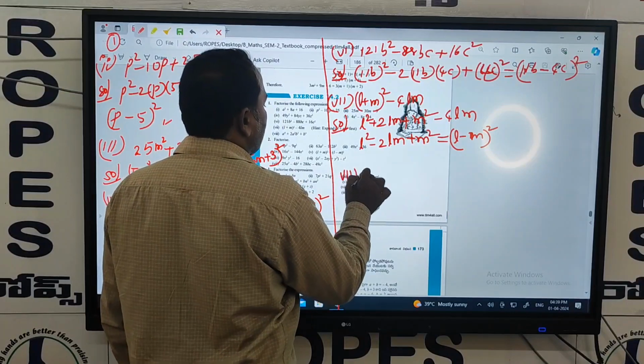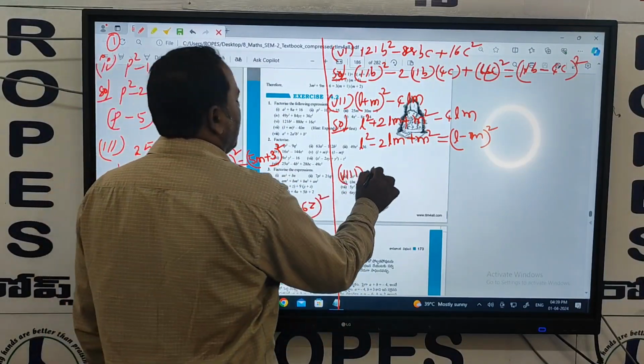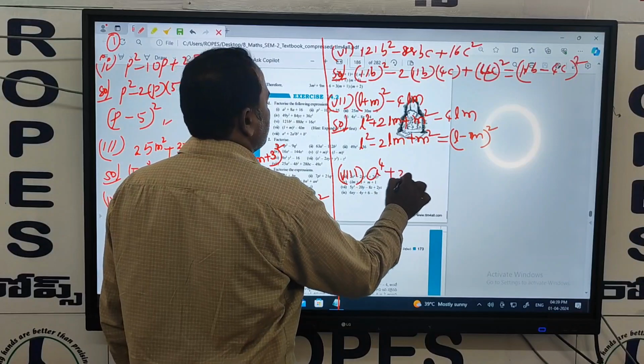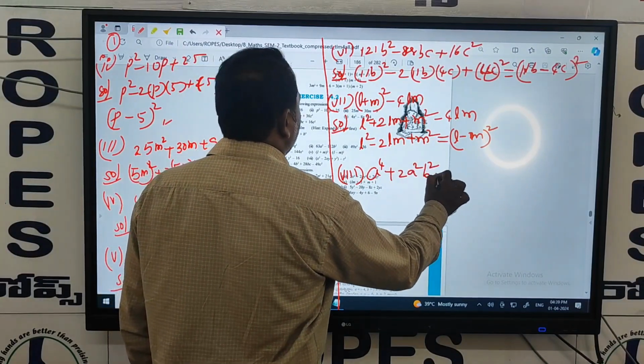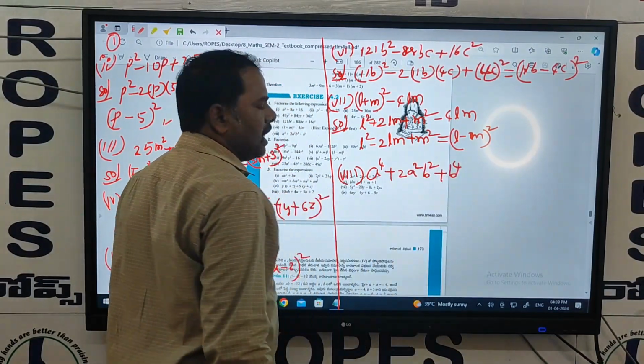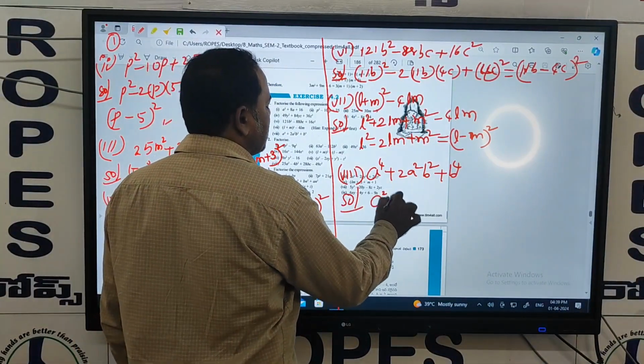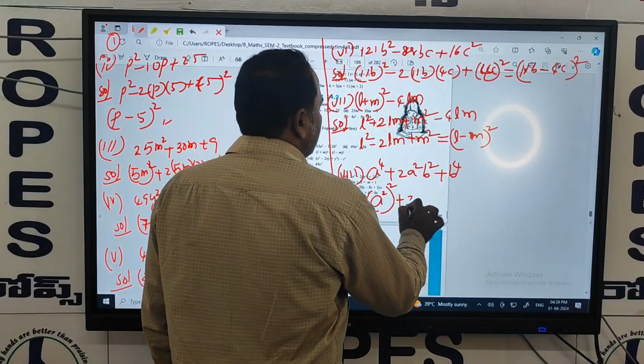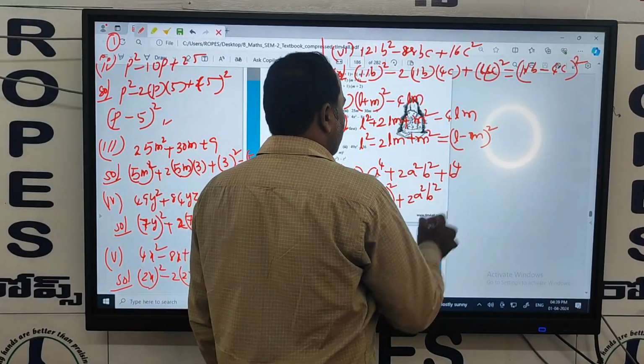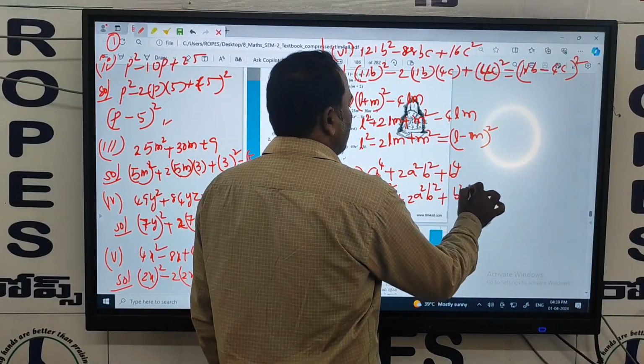Now if you go to the eighth one, a power 4 plus 2a square b square plus b power 4. Okay, a very confusing question, so observe carefully. Now we can write it as (a square) whole square plus 2a square b square plus (b square) whole square.